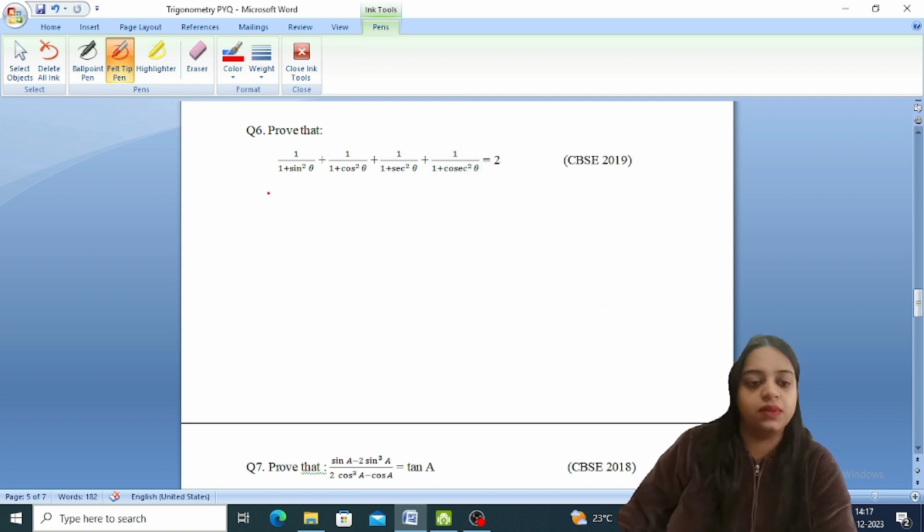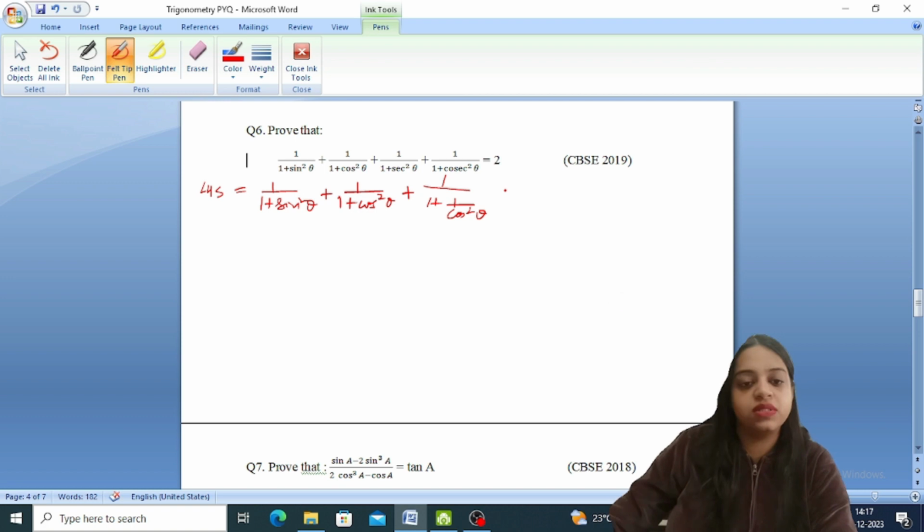So we will start with this. So the left hand side is 1 upon 1 plus sine square theta. No change I am doing in the first two terms. In the last two I will do the change. I am writing secant square theta as 1 upon cos square theta, because secant and cos are reciprocal of each other. Same way I am writing cosecant square theta as 1 upon sine square theta.